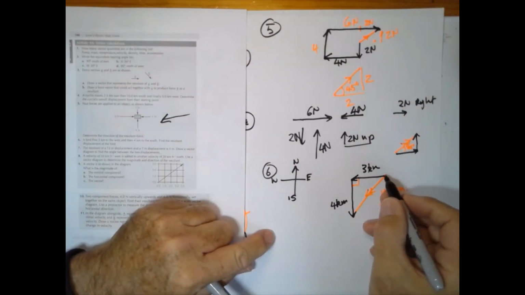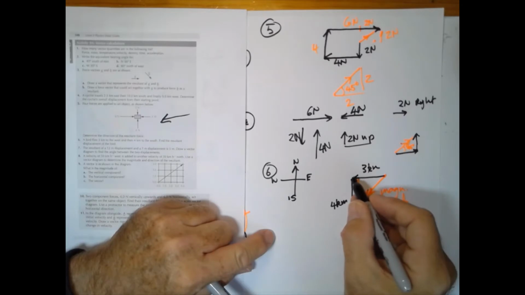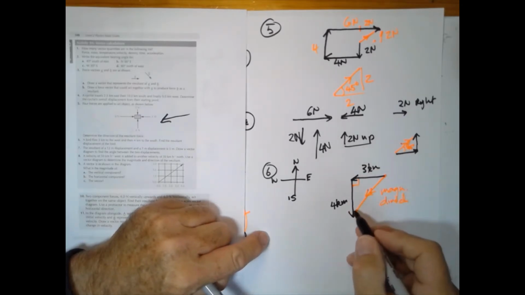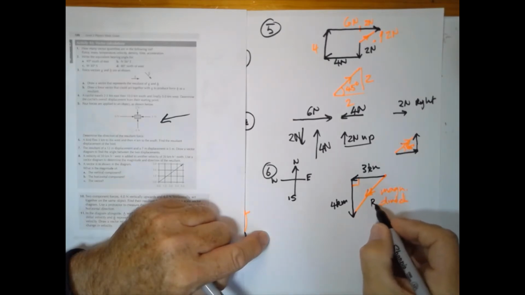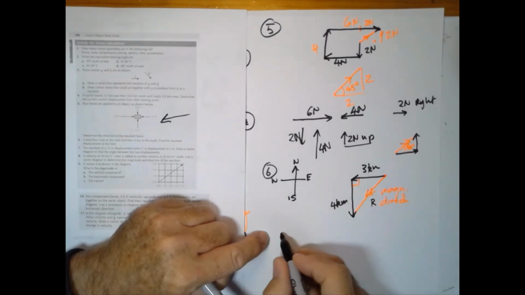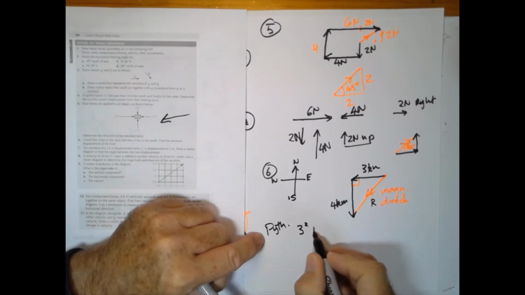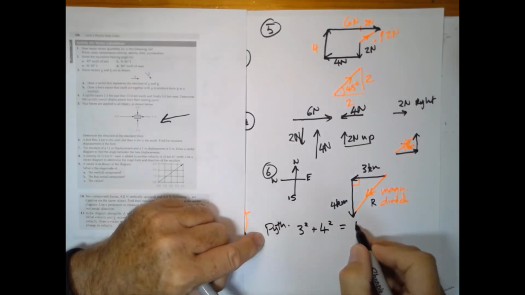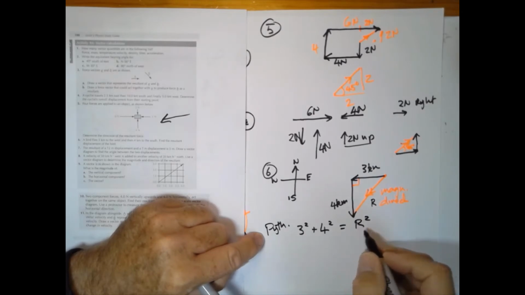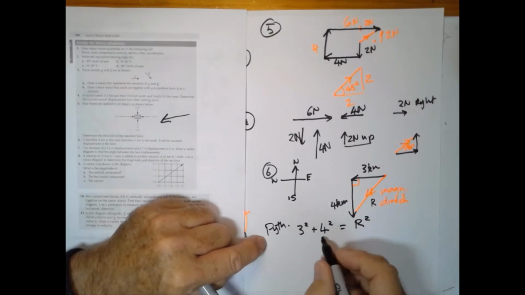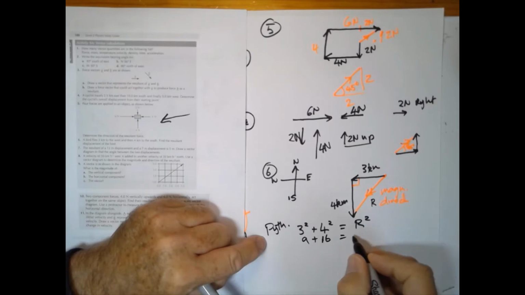Pythagoras is this side squared plus this side squared is equal to this side squared. So let's call that the resultant, and we will say 3 squared plus 4 squared is equal to r squared. 3 3s are 9, 4 4s are 16, 9 plus 16, 25 is equal to r squared.